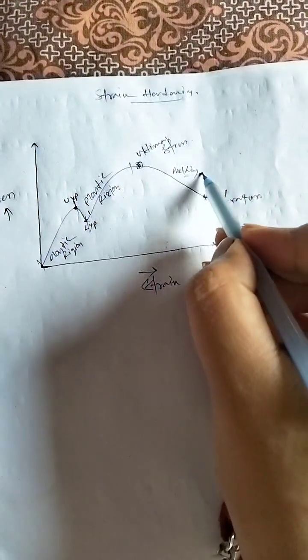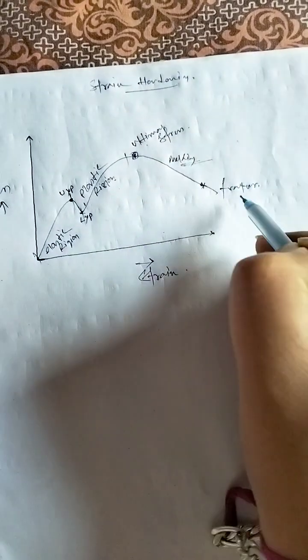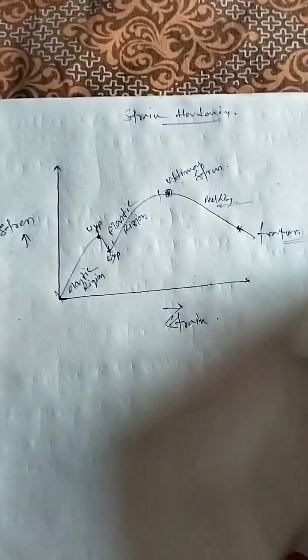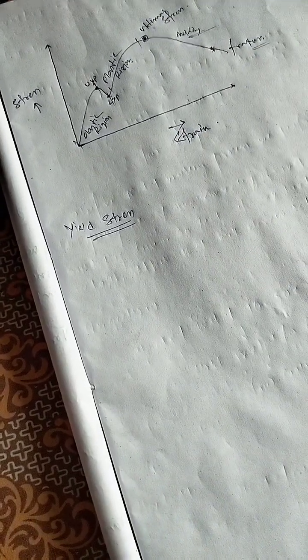So after the ultimate stress is crossed, we get necking, then we get the fracture. First of all, we have to know what the yield point or the yield stress is. Yield stress is basically the minimum stress at which a particular metal is plastically deformed.